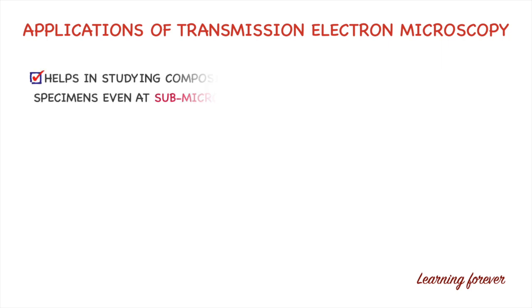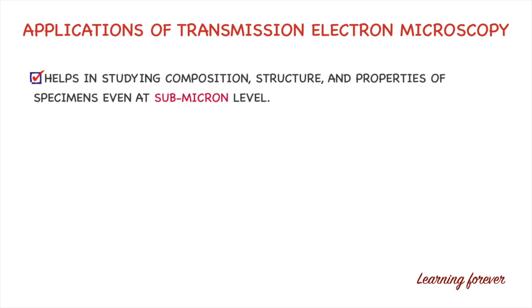Let's see the applications of transmission electron microscopy. It helps in studying composition, structure and properties of specimens even at submicron level. Studying a sample or specimen of submicron size is not possible with a compound microscope.